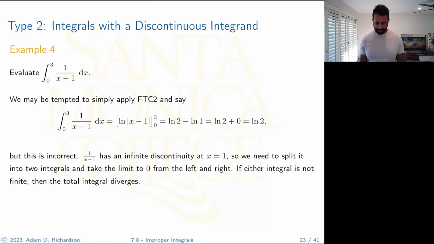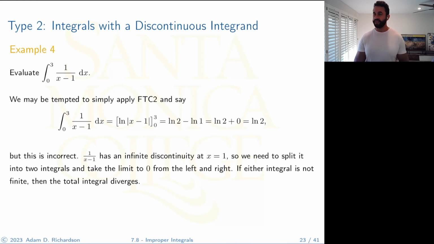So let's do that. Oh yeah, I forgot to say this first. If you didn't notice that, you might be tempted to simply just apply FTC2 right away and say that this is true. But that's not valid. That's incorrect. If you look at the statement of the theorem, it says that your function has to be continuous on that interval in order for you to apply FTC2.